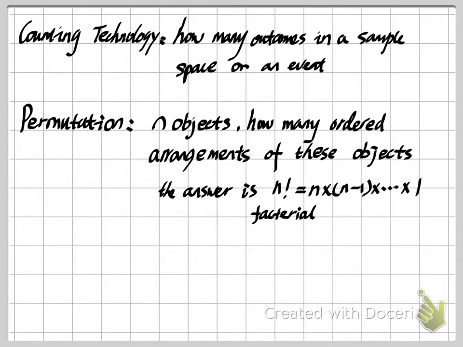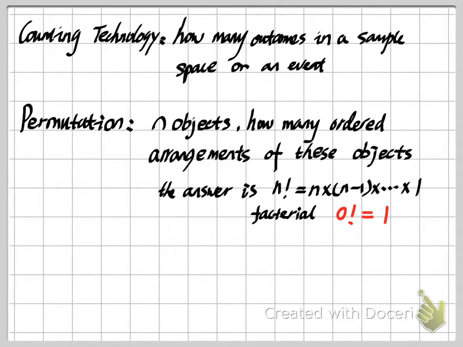If n equals 1, then 1's factorial is equal to 1. However, 0's factorial is a little complicated. It means nothing is multiplied, but in mathematics, we just define it to equal 1. So 0 factorial is equal to 1.